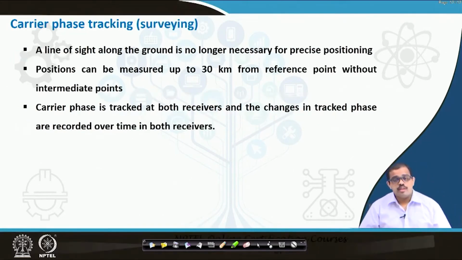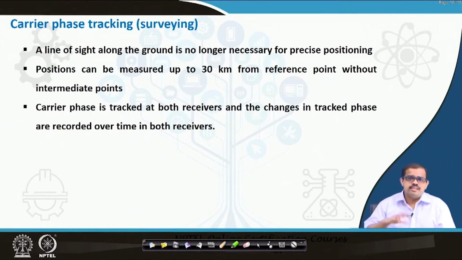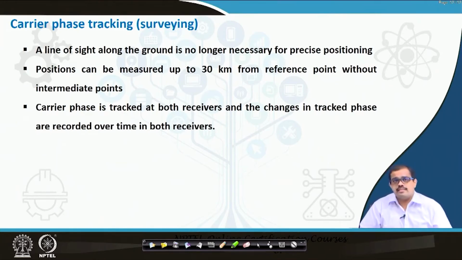So, when you are looking at this, the first application that you can see is surveying, the carrier phase tracking. So, a line of sight along the ground is not necessarily precise positioning. If you have any line of sight across your entire surface, then it may not be precise positioning.